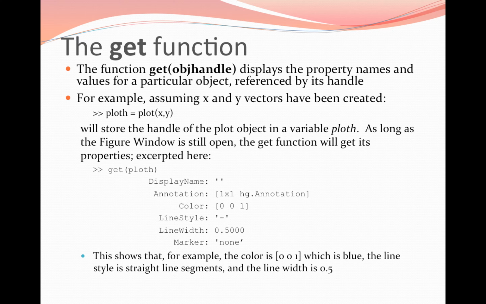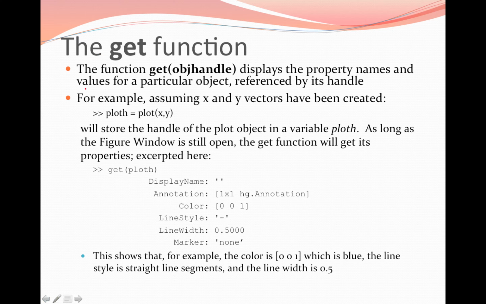And instead of just getting the figure window, we store the result in a variable plot h. So plot h now stores the handle of the plot object. As long as the figure window is still open, we can use the get function to find out what the properties are of that object. So get plot h, for example, will show the properties of the plot function.